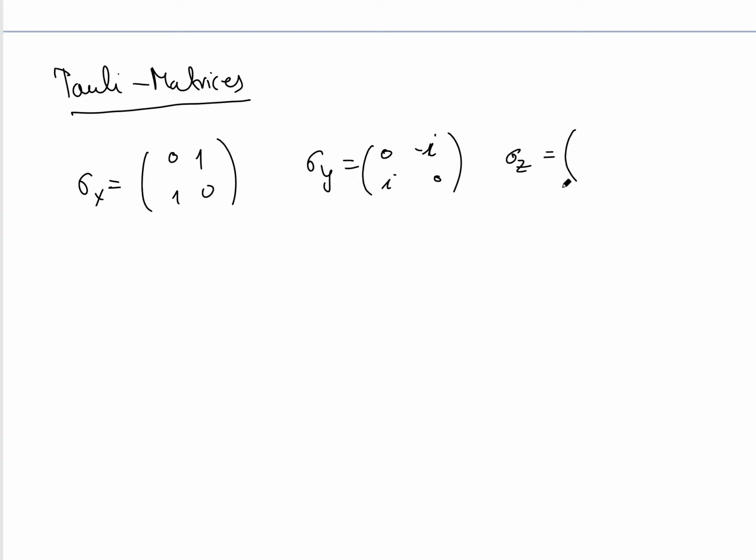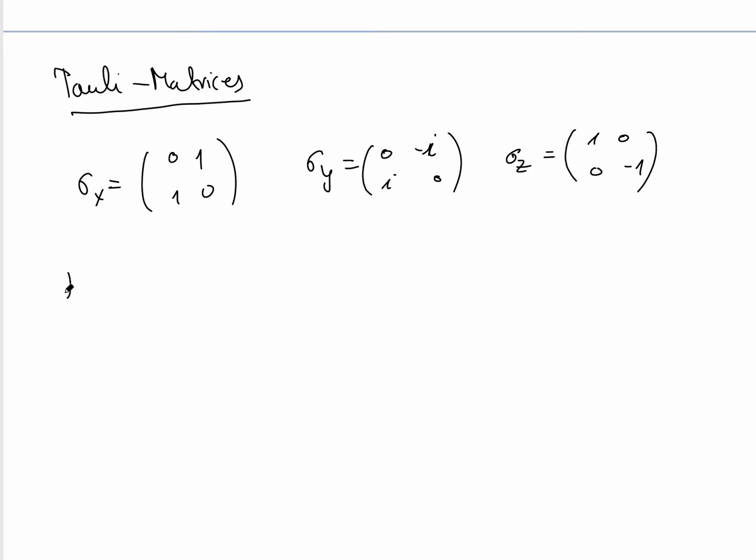The Pauli matrices are sigma x: 0, 1, 1, 0; sigma y: 0, minus i, i, 0; and sigma z: 1, 0, 0, minus 1.